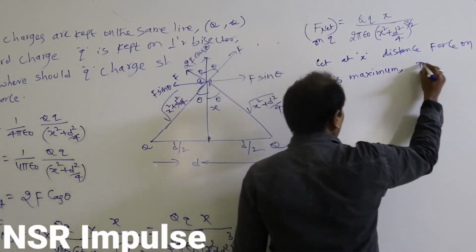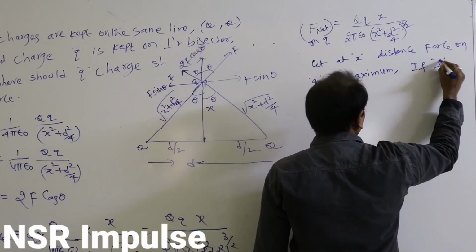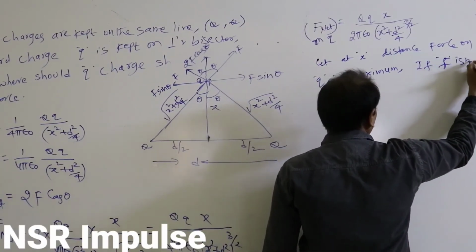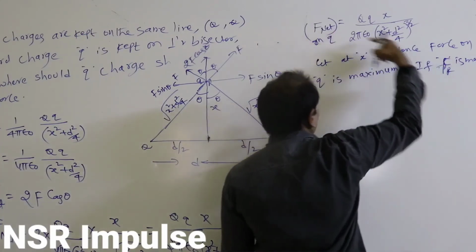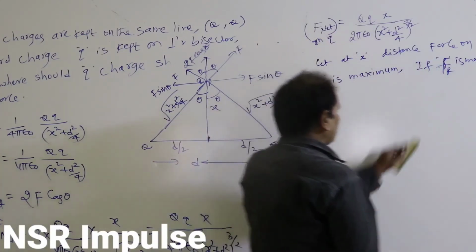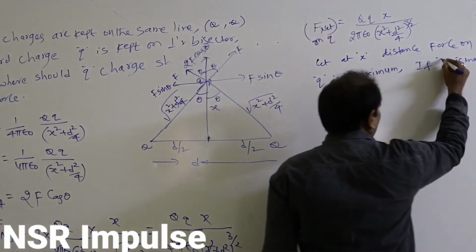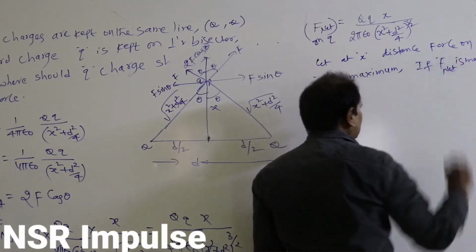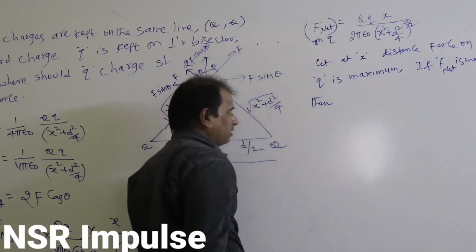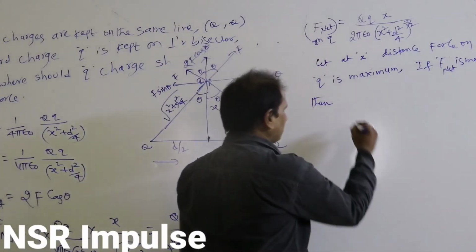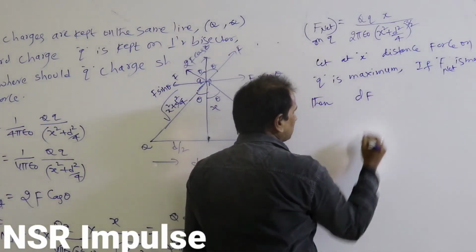If force F is maximum, that force is the resultant force. This force F is the net force, and the net force is maximum. Then according to differentiation, if any function is maximum, then what happens?